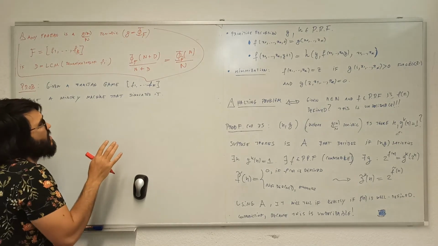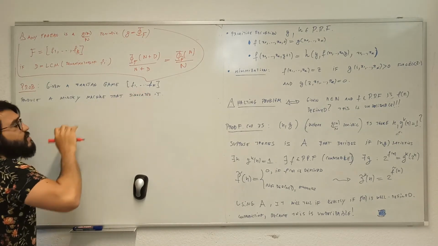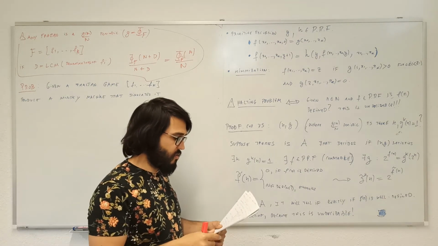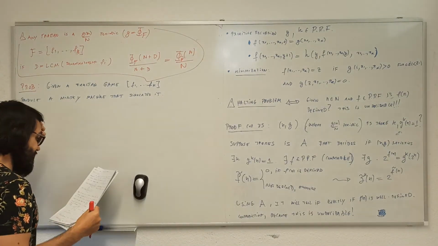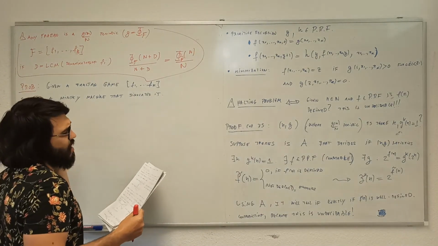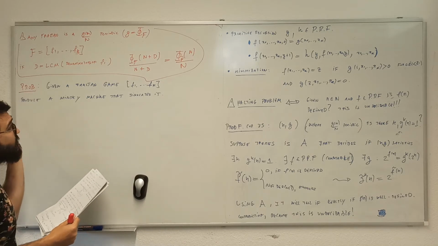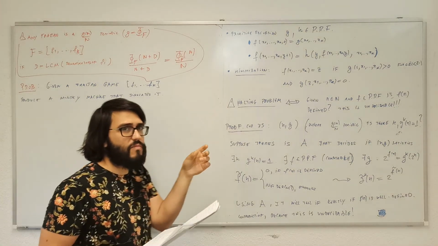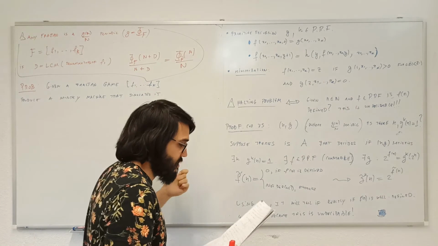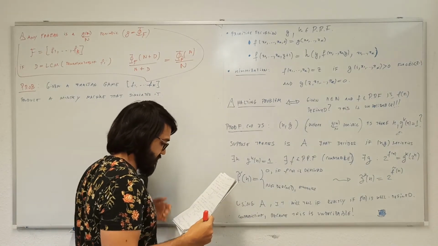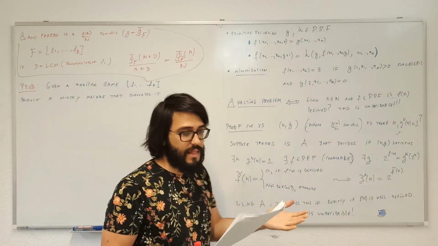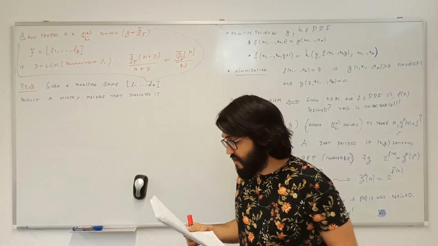So going from a FRACTAN game to a Minsky machine is almost straightforward. The opposite is also straightforward, but it needs some tricks, and John Conway is very good at doing those things. So he realized that this could be done.